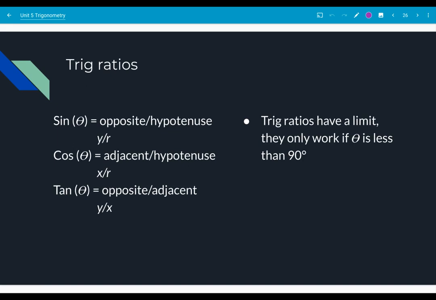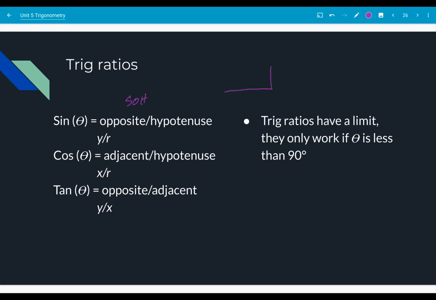Next thing to look at, hopefully this is a refresher, is SOHCAHTOA, sine, cosine, and tangent. Sine, S-O-H, so, is opposite over hypotenuse, often considered y over r.